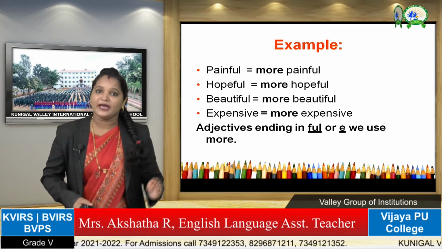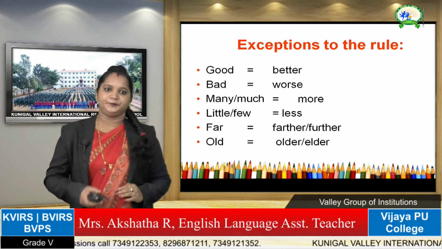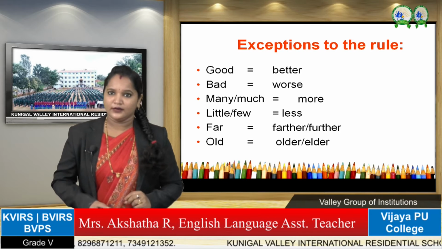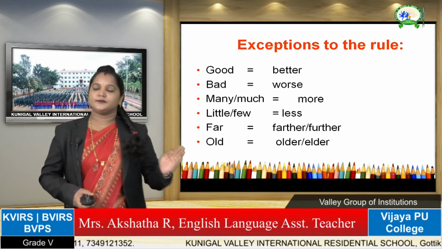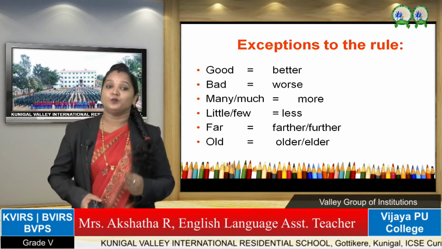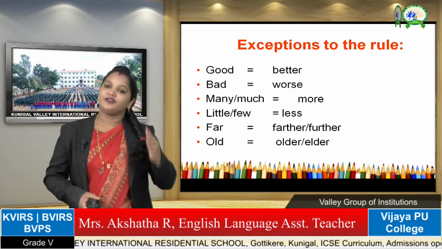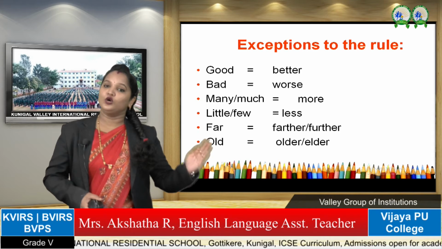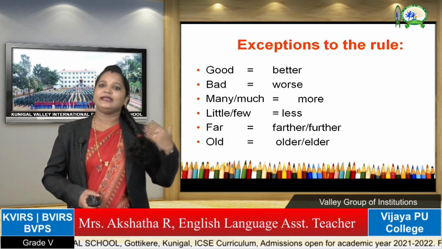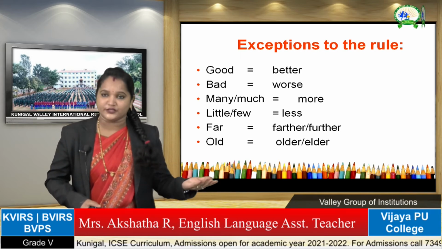It becomes comparative degree only when we compare two nouns. Some exceptional cases are there to this rule. Here: good, better; bad, worse; many or much, more; little or few, less; far, farther, further; old, older, elder. So here we are not adding any ER or any more before the adjective.